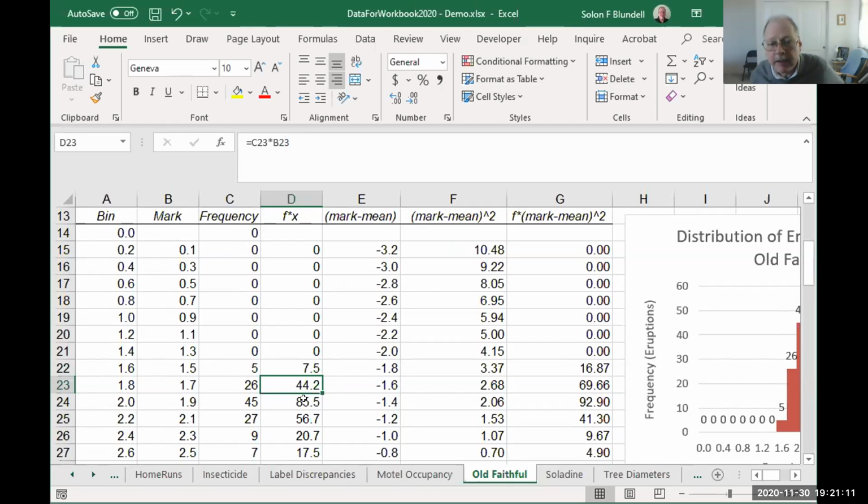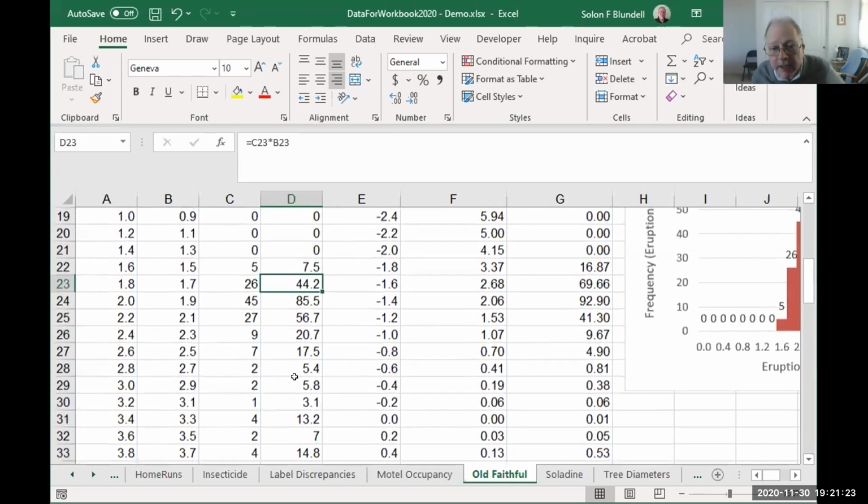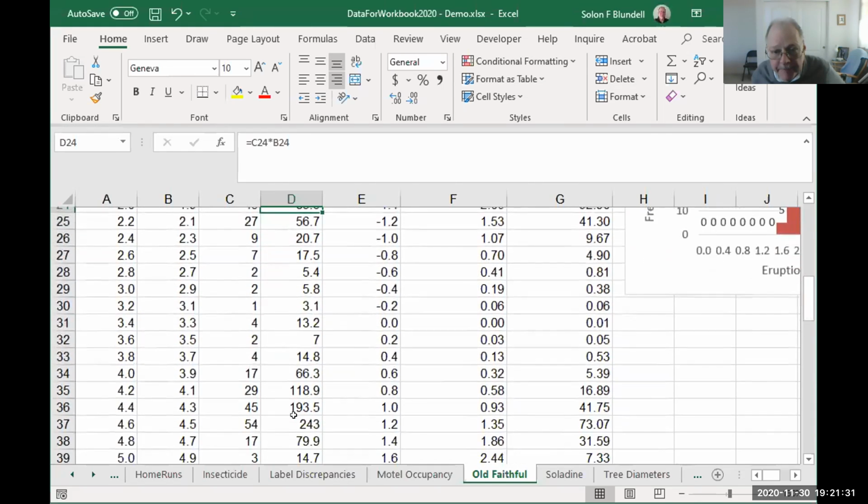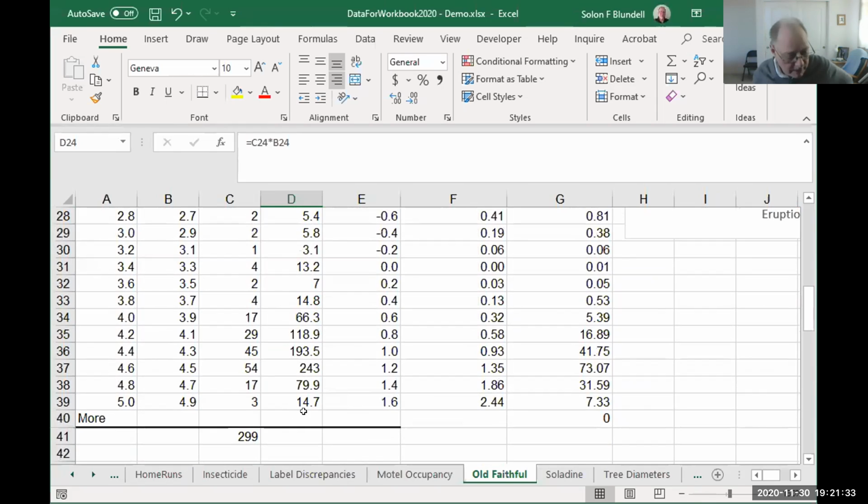And so 7.5 plus 44.2, whatever you get, that's the total time for the first 31 eruptions. And you add up all these numbers, take the F times the X, and add all those up to get the sum of all the eruption times.